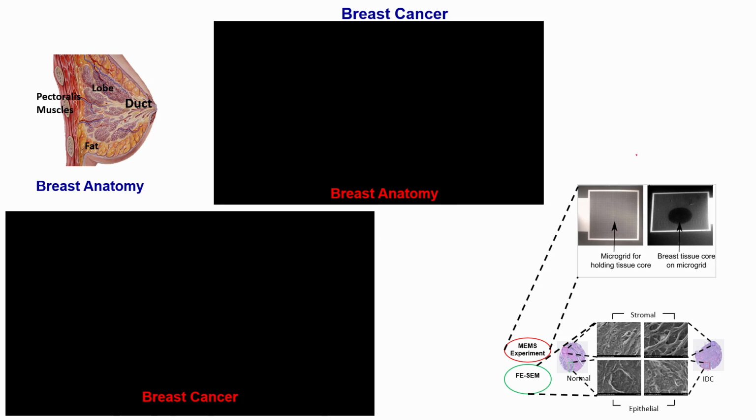So, on the right side we see that the tissues are taken from the stromal region and from the epithelial region. The two on the left are normal, on the right this is cancer, alright.